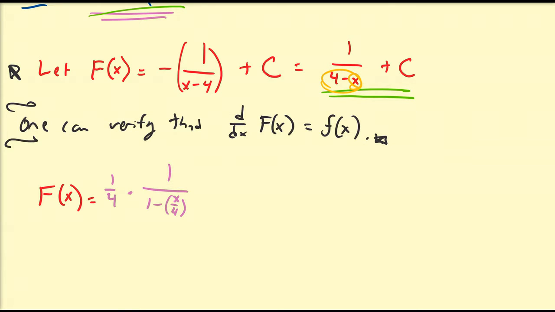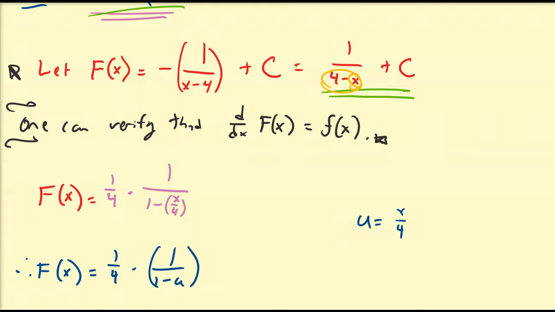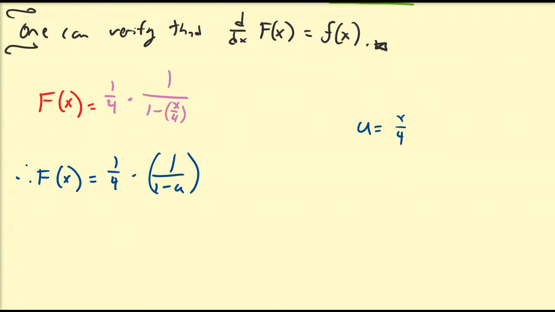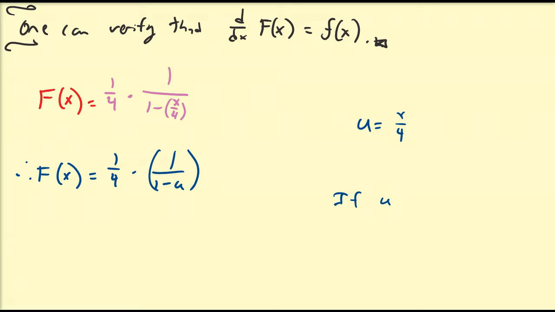So once I have this, I'm going to let u be equal to x over 4. So I have F of u is 1/4 times 1 over 1 minus u. So if u belongs to the interval 0, 1, then we know that this is the limit of a geometric series.